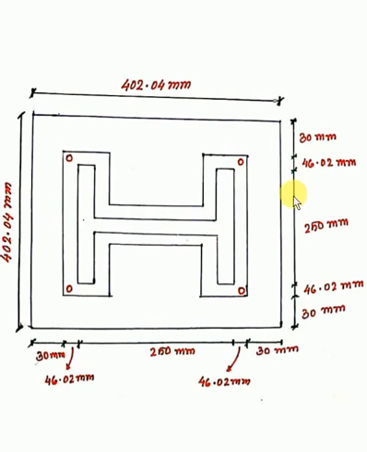On the breadth, this is the width of the flange 250, then C is 46.02 on both sides and 30 mm is the end distance. So adding all these, we'll get the breadth as 402.04 mm. The length and breadth of the base plate are the same, and thickness cannot be shown in this figure. These are the 20 mm bolts on each corner of the base plate.